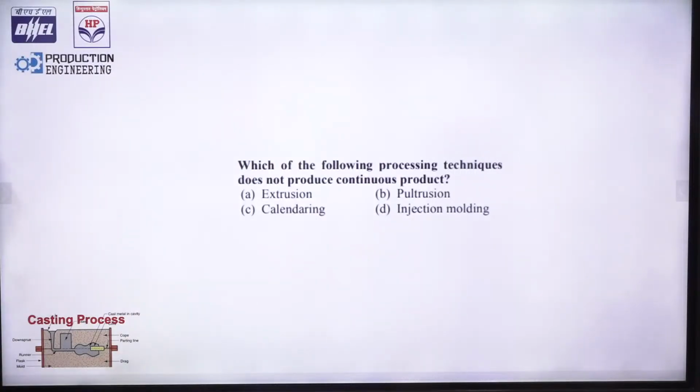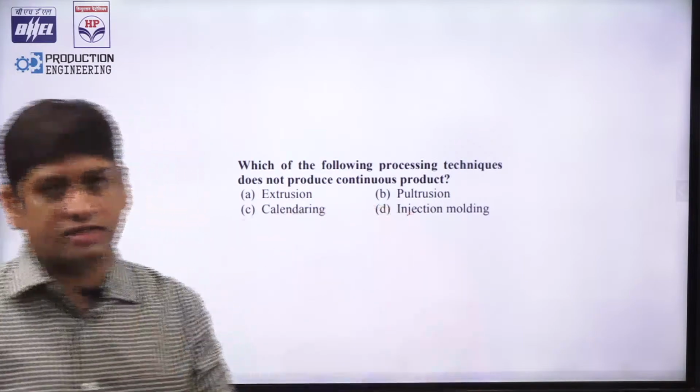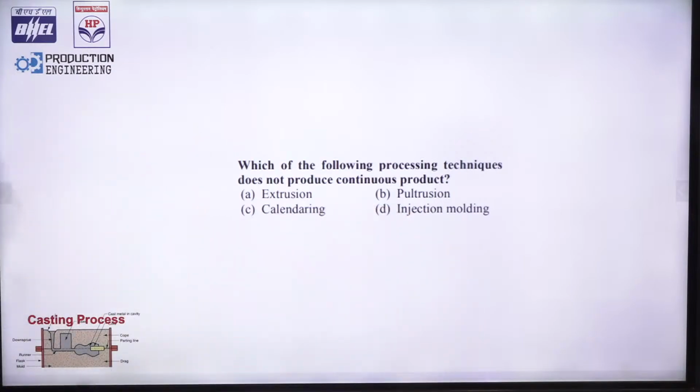Which of the following manufacturing techniques does not produce the continuous product? All these produce the continuous product except one. Can you identify which does not produce the continuous product?